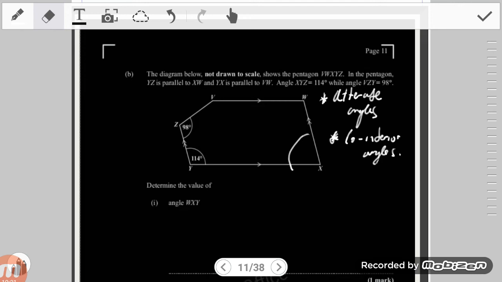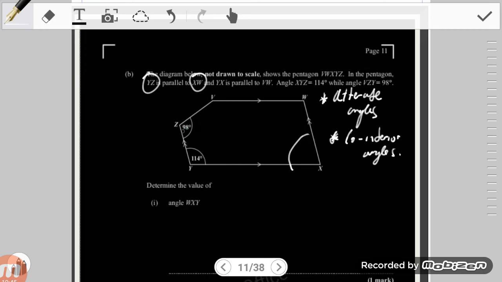Let's try our co-interior angles. Co-interior angles are angles that are formed on the same side of the transversal that cuts the parallel lines. Now, I think I found my answer. They earlier said that YZ, right here, is parallel to XW. So these two lines are parallel here.